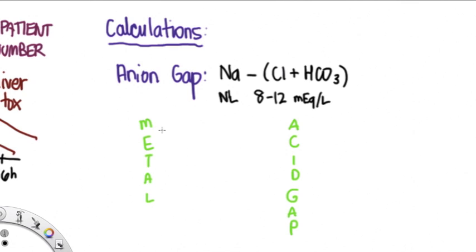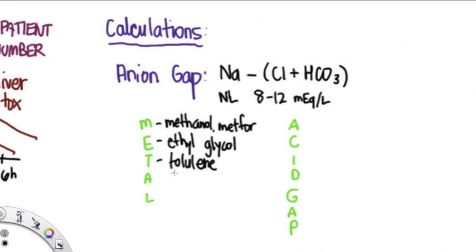So M stands for methanol or metformin, E is ethylene glycol, T is toluene, A is alcoholic ketoacidosis, L is lactic acidosis, A is aminoglycosides, and really anything else that could cause uremia.